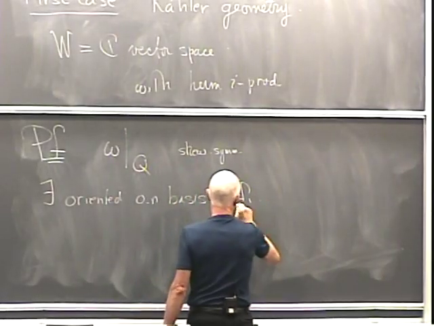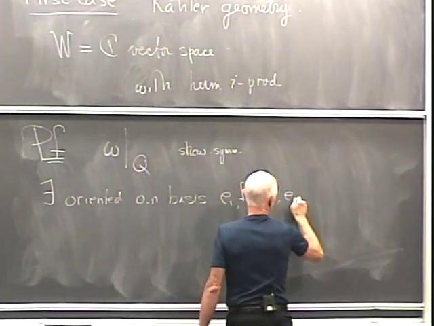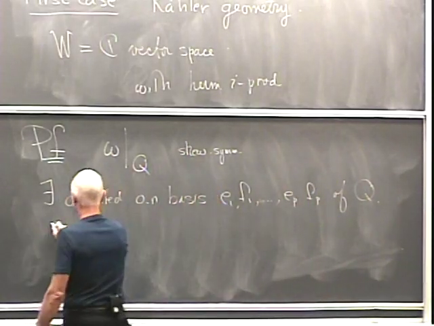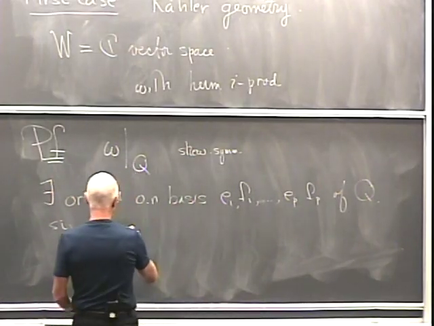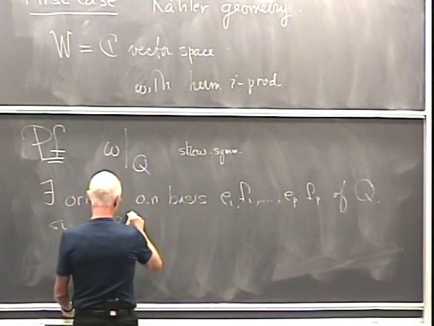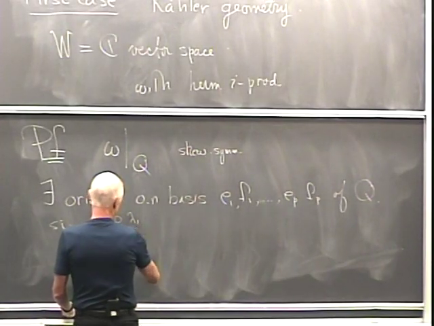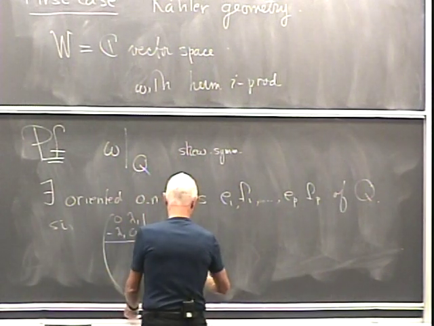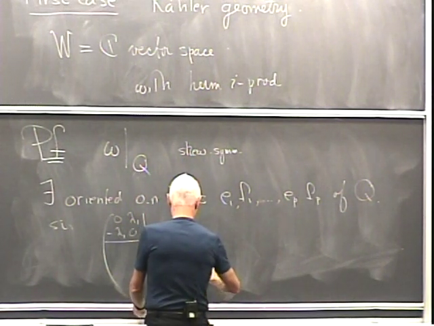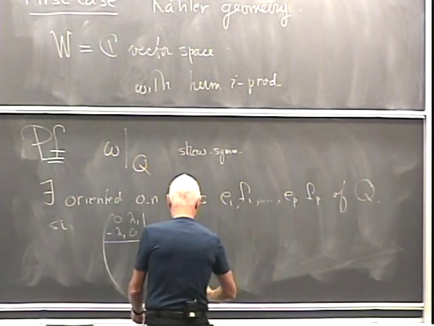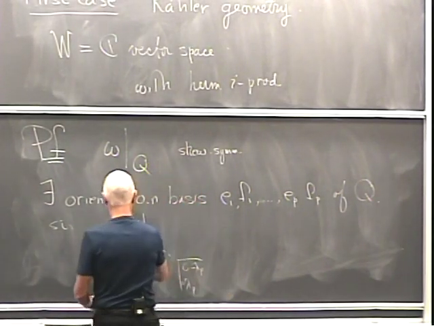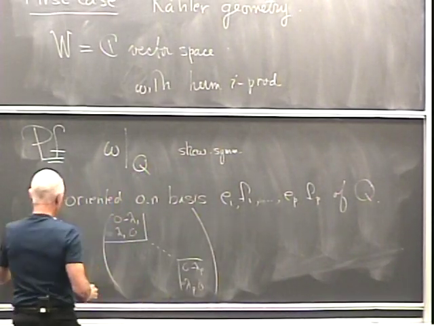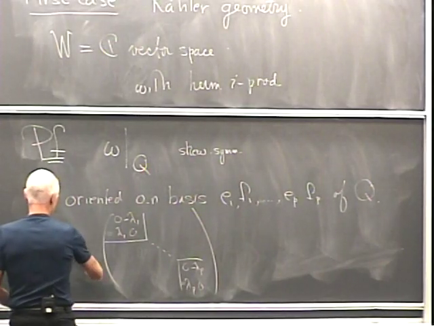E1 F1 up to Ep Fp of the space Q, such that, well, we can draw the picture, such that in this basis, the form decomposes into little blocks. If I got the plus and minus signs correct, lambda p and minus lambda p. Actually, I think the minus should be here, so that omega essentially looks like this.